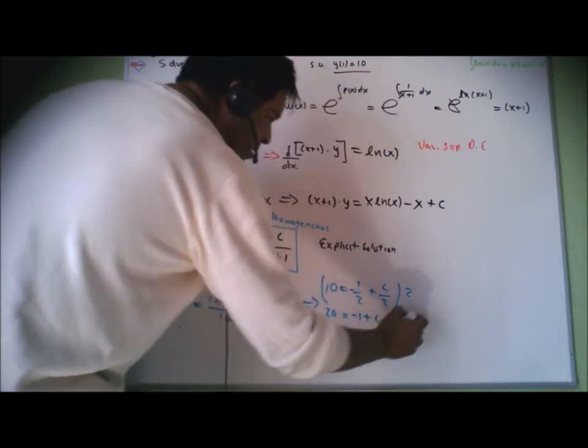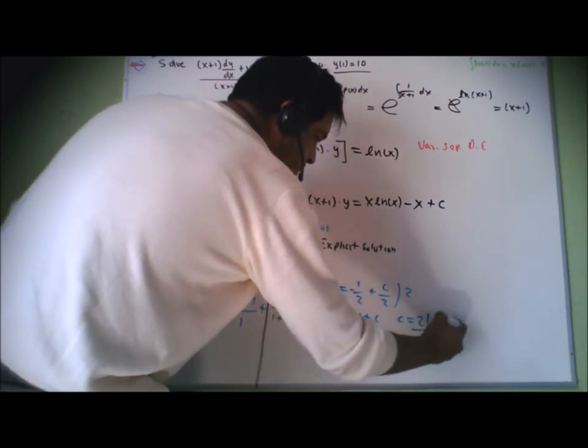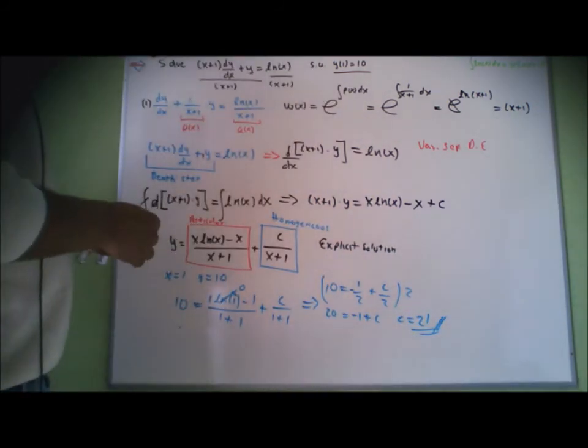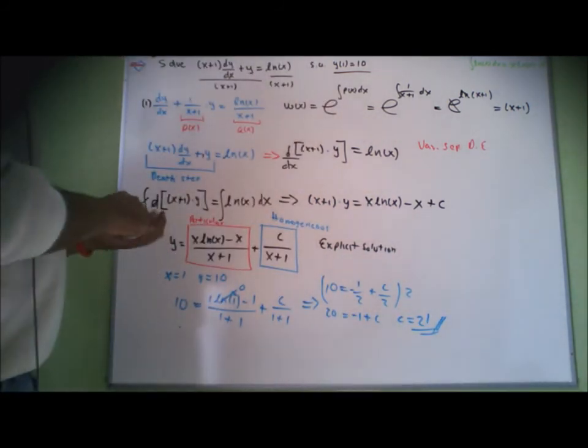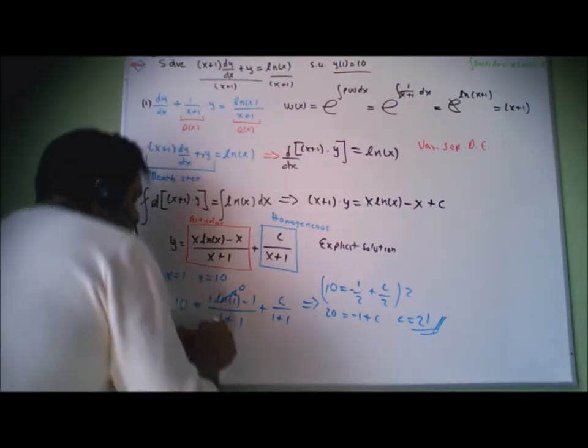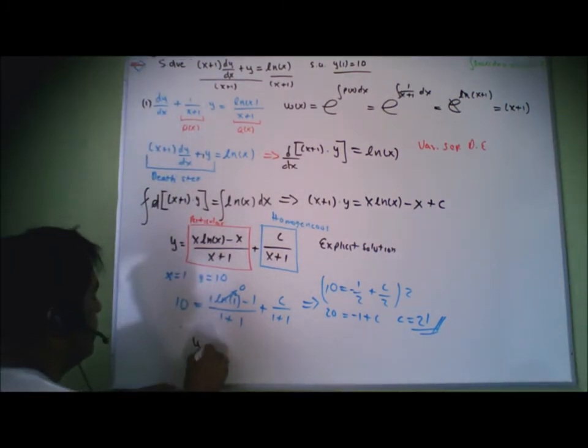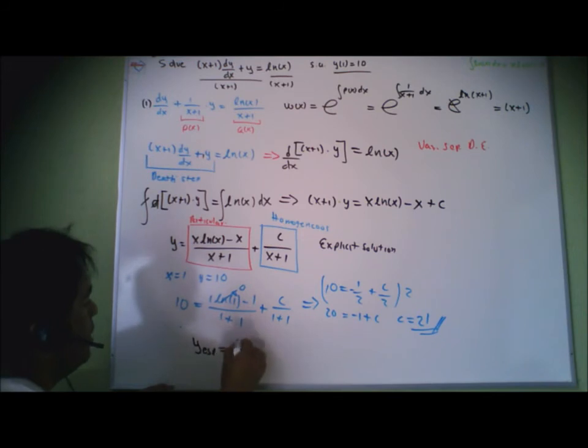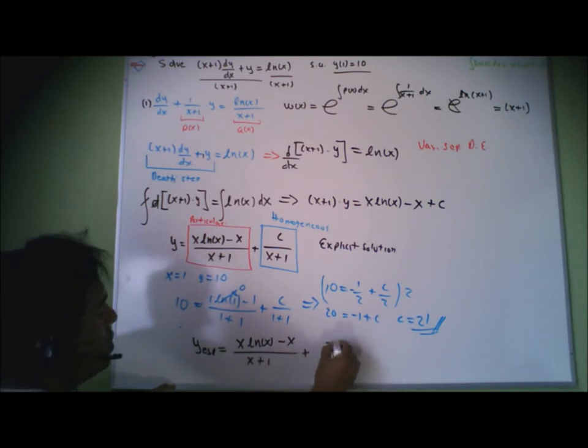So the value of the constant is 21. Now let's write the specific solution. The specific solution is y equals x natural logarithm of x minus x over x plus 1, plus 21 over x plus 1, and this is the solution.